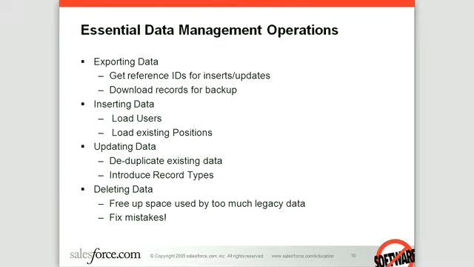Updating data. Things like deduplication, so maybe we're looking for duplicates. We could also think about record types. Maybe a year from now we decide to implement record types on candidates. Well, we're going to have a bunch of candidate records in which the record type field is empty.